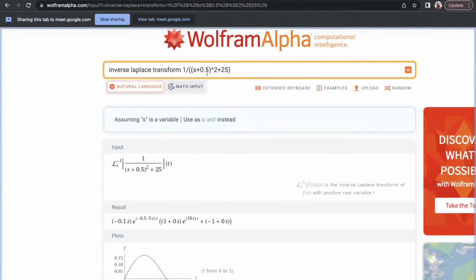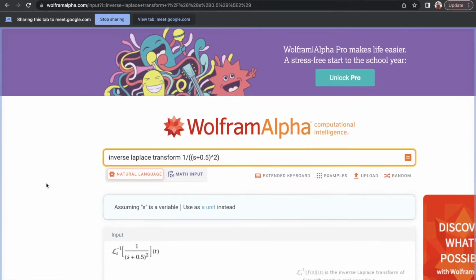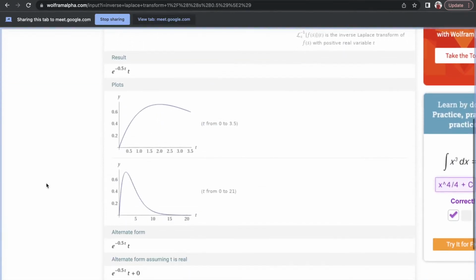Now let's take the third condition which I had taken. Both the poles at minus 0.5, minus 0.5. Let's see what happens. Now you see the plot is like it's getting some overshoot, then it's coming back to 0 value.